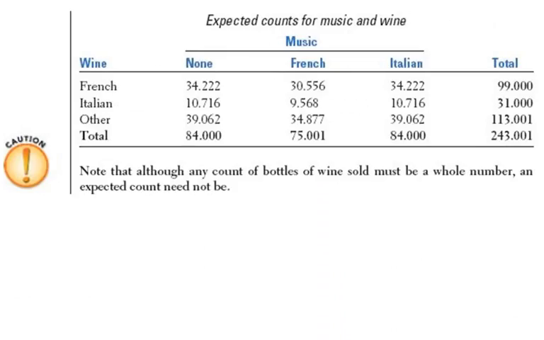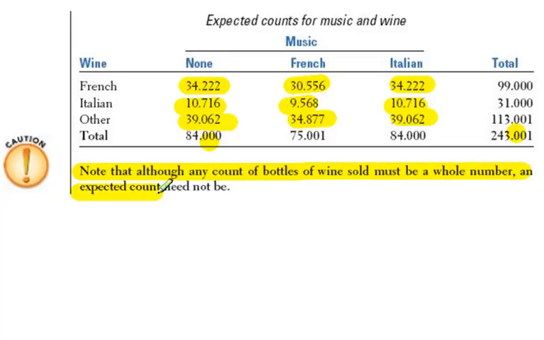When you look at it in the completed table, if I did it for every single one, this is what they come out to. Your calculator is going to do all this. You do not have to do it at all. I just need you to understand that these are expected values, and that's where they come from: row total times column total divided by grand total. And note this: although you can't have 0.222 bottles of wine, for an expected value, they don't need to be whole numbers.